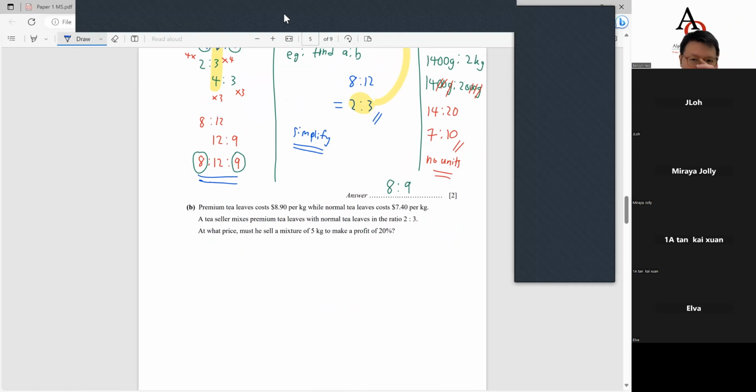So if it's in the ratio of 2:3, then we can multiply by the units first to find the cost price. Okay, so I can do this. I can do 8.90 times 2 to get, okay, let me just calculate it very quickly. $17.80. This is for the premium tea leaves.